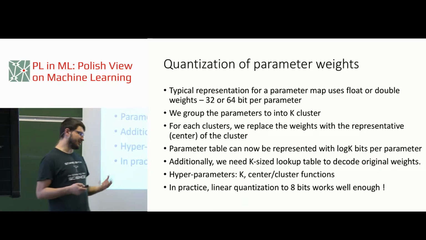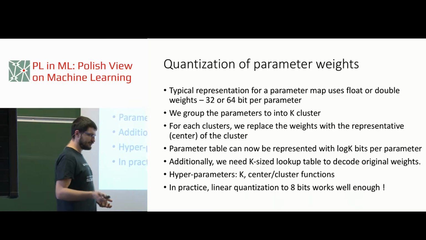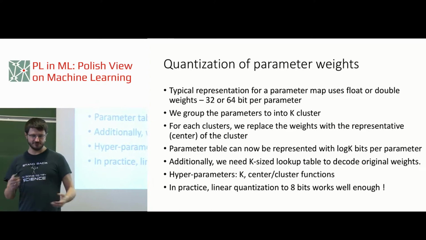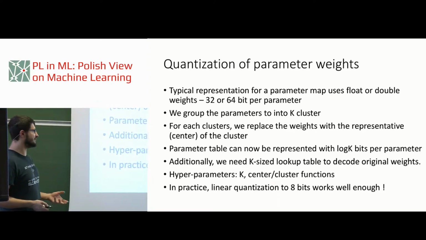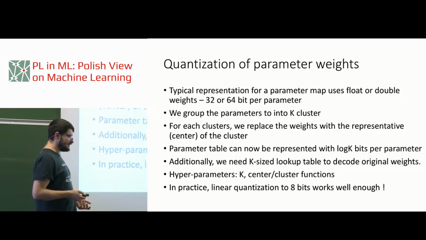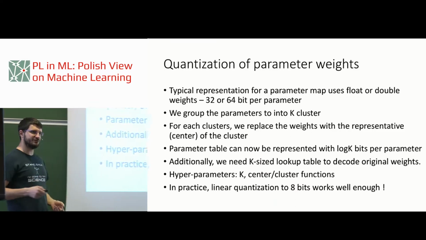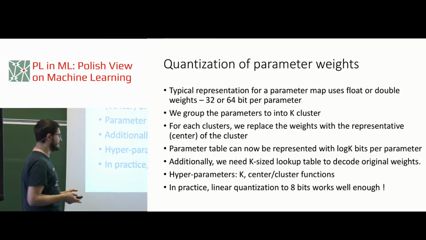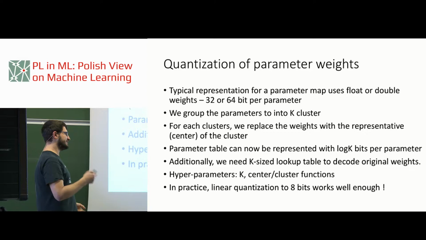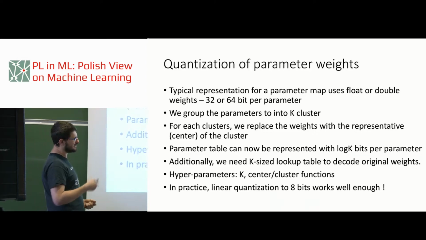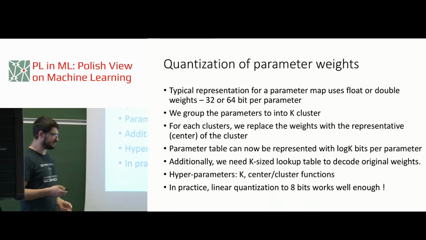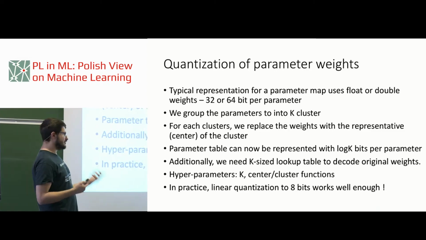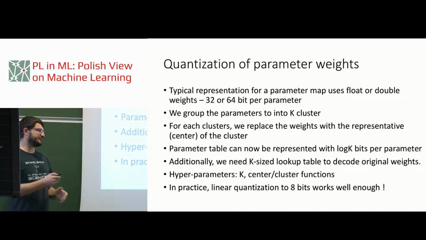In practical terms, the hyperparameters for testing were K, the number of clusters, and the algorithms for clusterization and computing those centers. Those turned out to be simpler than we thought. Initially we were able to go down to K around 100, but it turned out that when we get K to around 200, and 256 is a very good number, we also can do linear quantization.